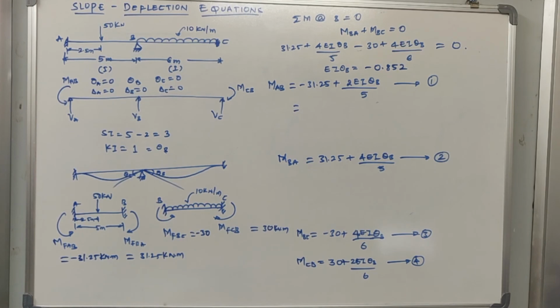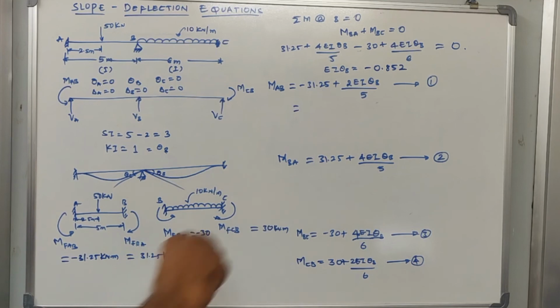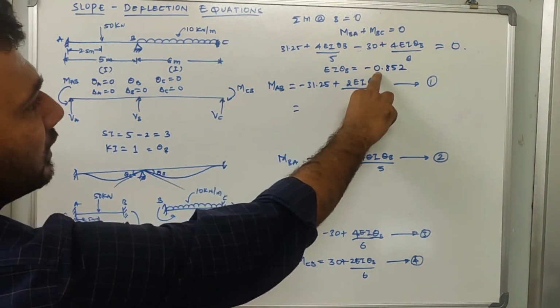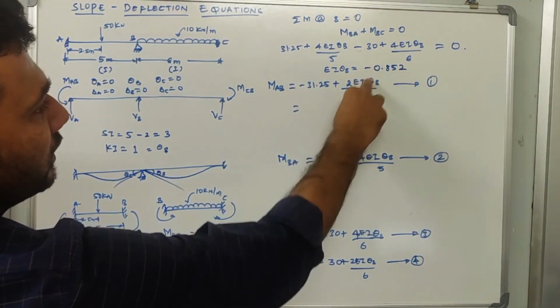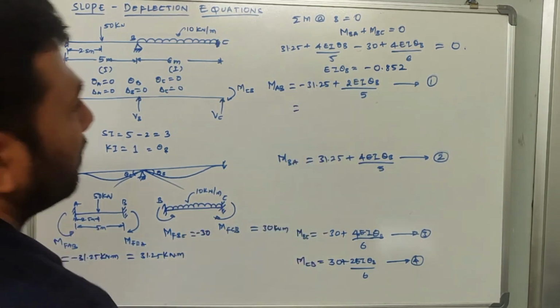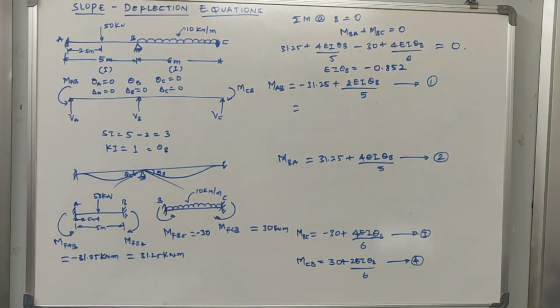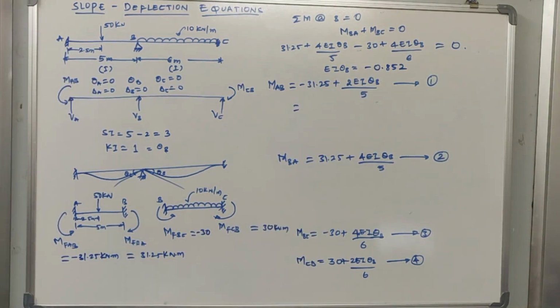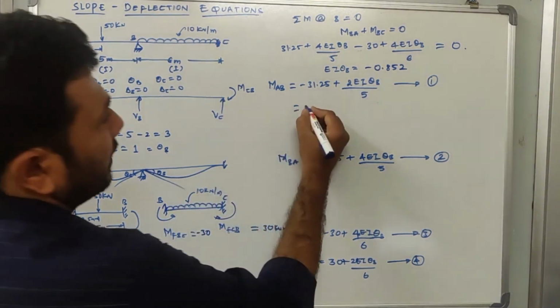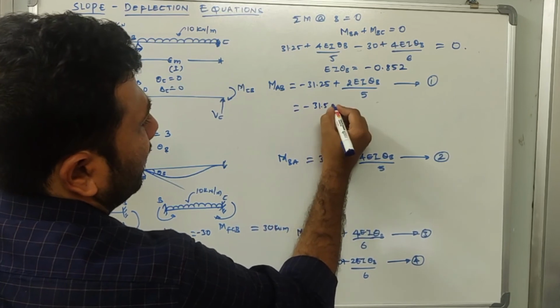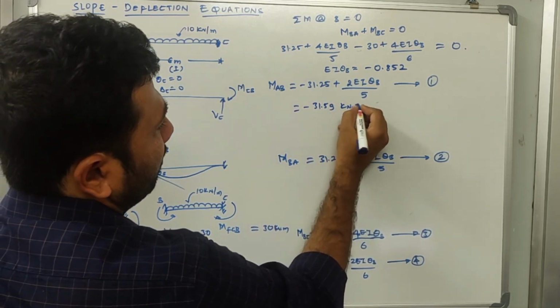Tell me how much will be the value of MAB by substituting the EI theta B value, which is minus 0.852. Minus 31.59. Okay, this is minus 31.59 kilonewton meter.